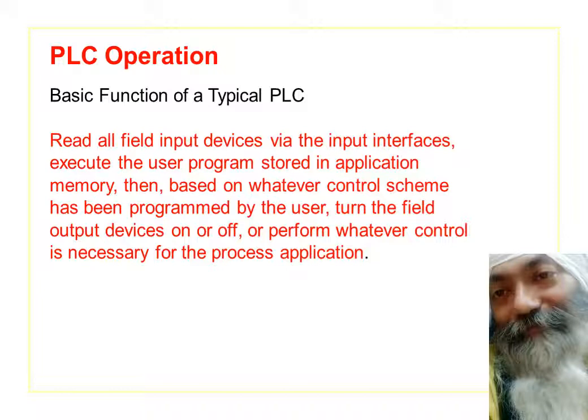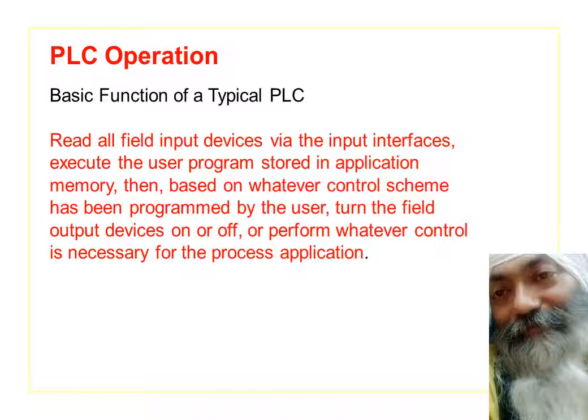It executes the user program which is stored in the application memory. Then, based on whatever control scheme has been programmed by the user, it turns the field output devices on or off, or performs whatever control is necessary for the process application.